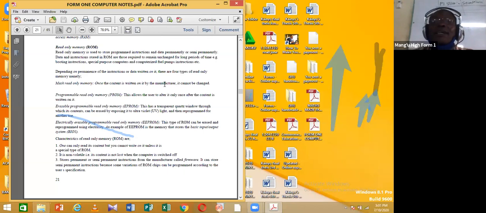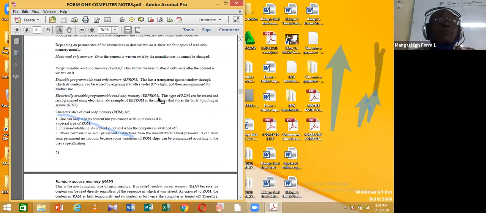This data may be in form of instructions. The instructions are only read, and whoever reads it carries out the instruction. So different parts of the computer read, depending on whatever data is stored and cannot be changed, and then act accordingly.